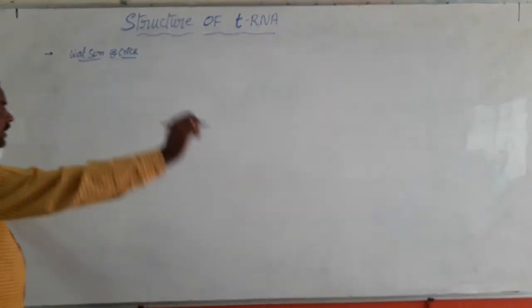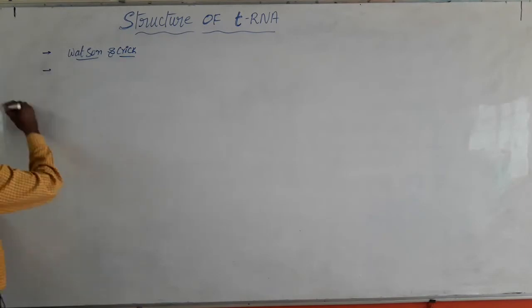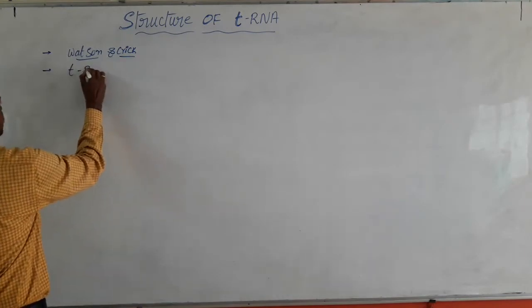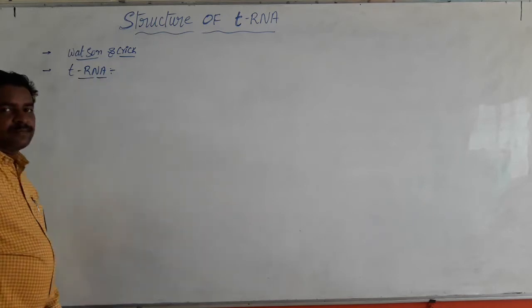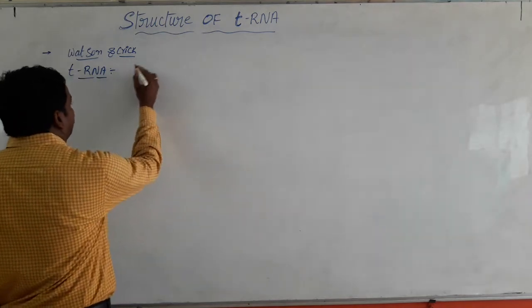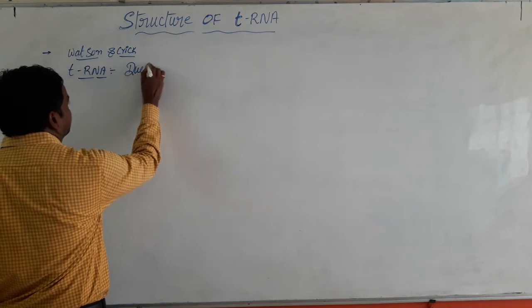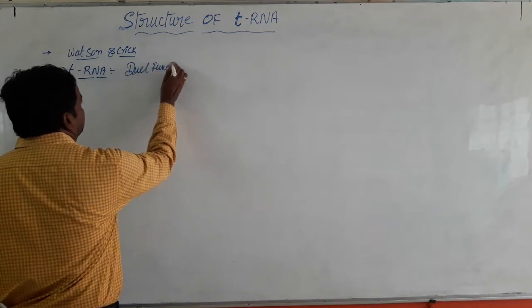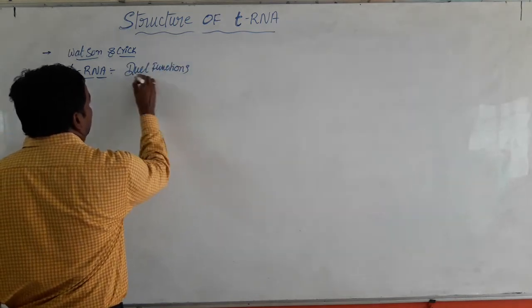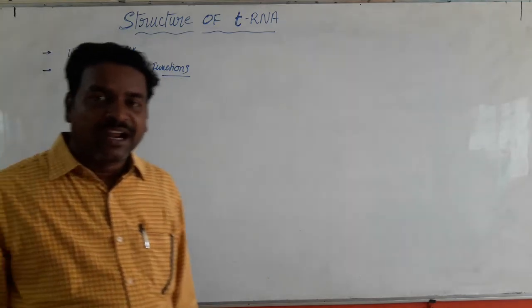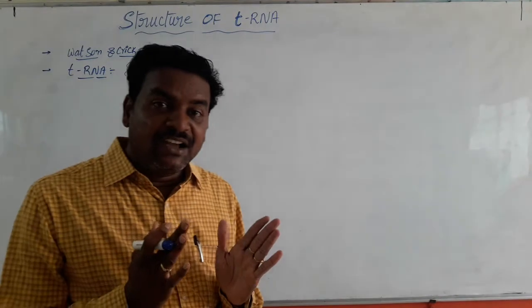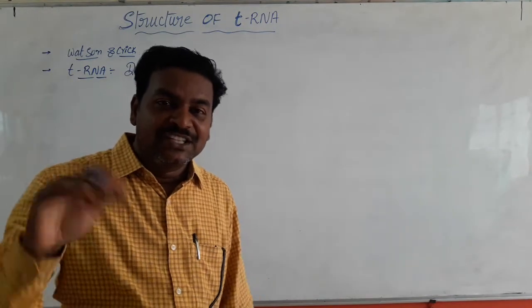Similarly, tRNA, transport RNA, performs dual functions. How does it perform the dual functions? On one hand, this tRNA can read the genetic code.